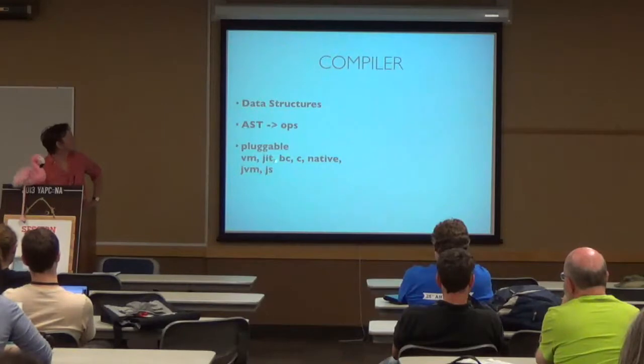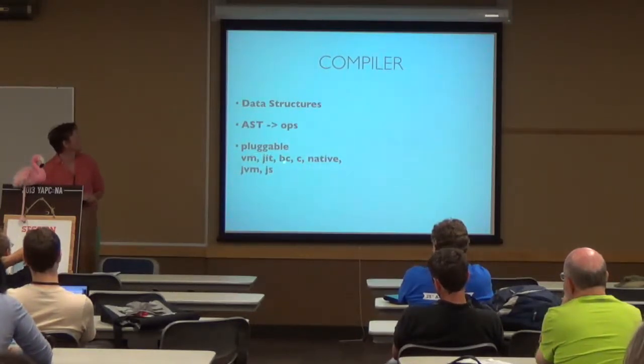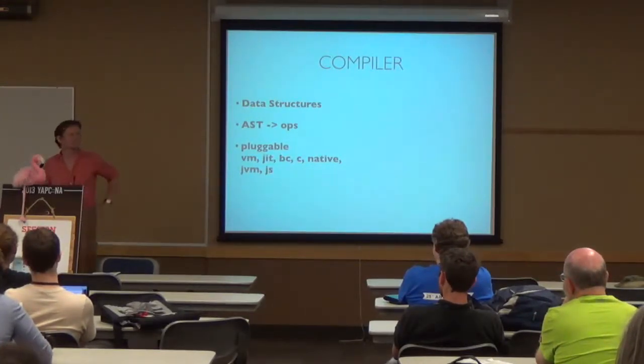It should be pluggable, so I want to have different compilers. I want to emit to the VM, to a JIT, which is already done, to BC, that's bytecode, that's the serialization format everyone wants and needs, that's PLC files or PMC files, but also to C and native code, because native code compilation is not so hard.